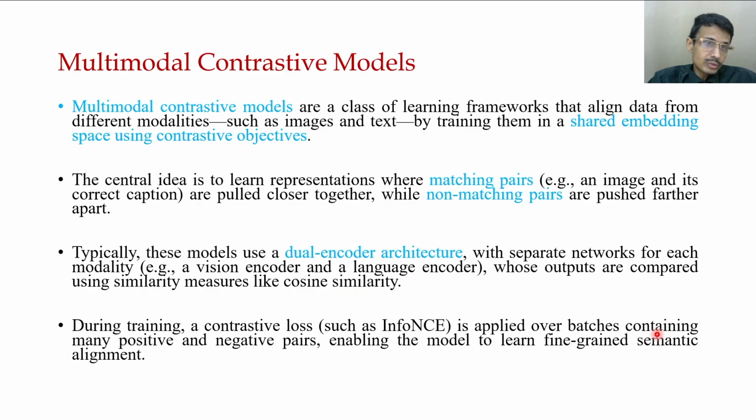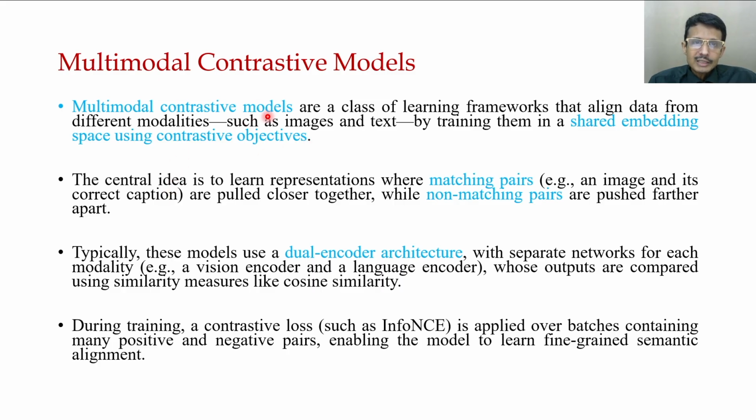Our final and most important model is multimodal contrastive models. These multimodal contrastive models are a class of learning frameworks that align data from different modalities, such as image and text, by training them in a shared embedding space using contrastive objectives.